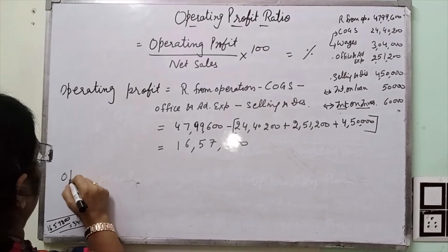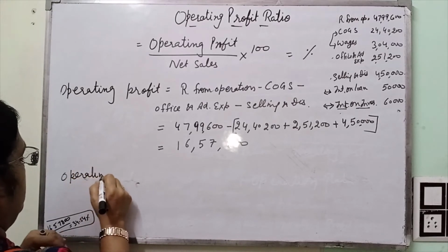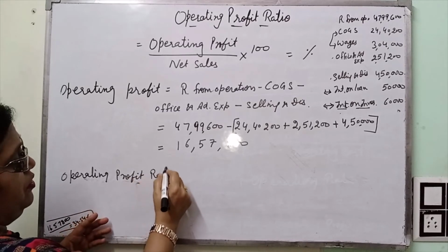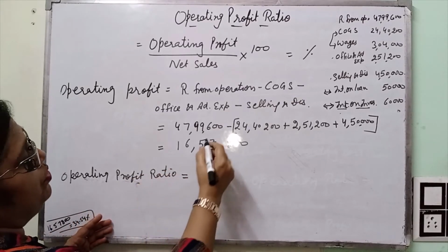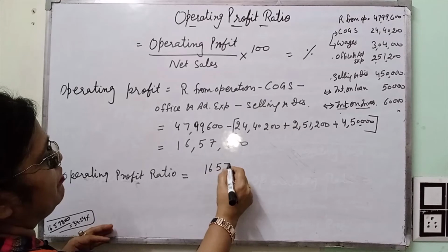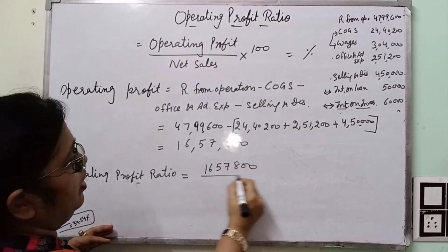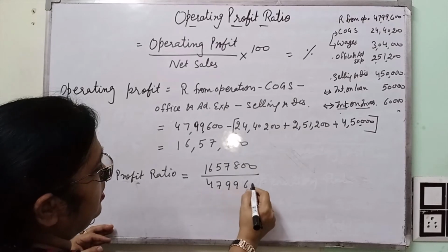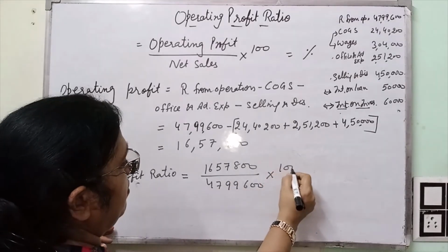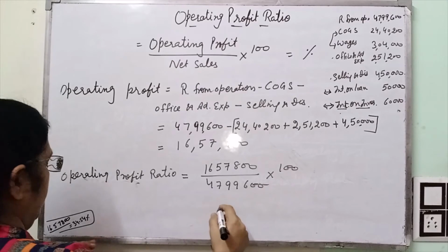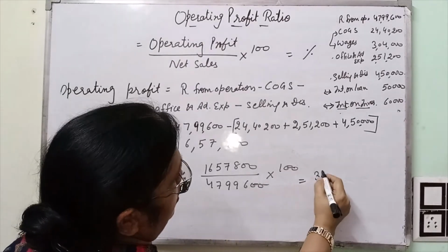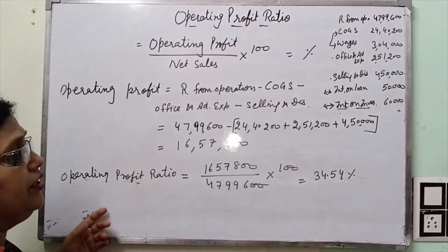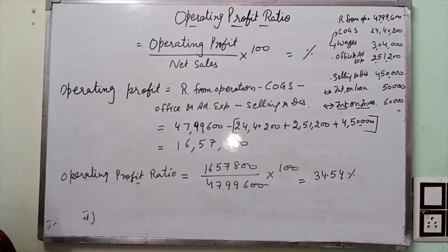Operating profit ratio is equal to operating profit 16,57,800, revenue from operation is 47,99,600 multiplied by 100. It will come to near about 34.54%. I think there is no doubt in this problem.